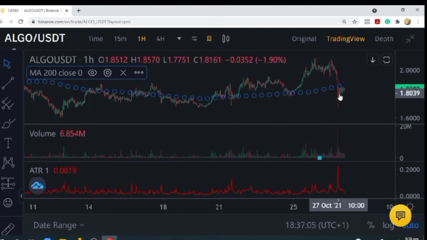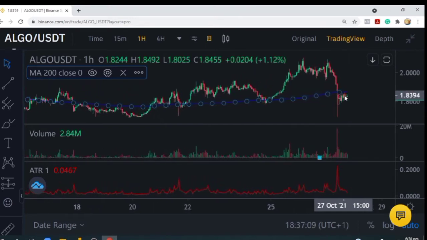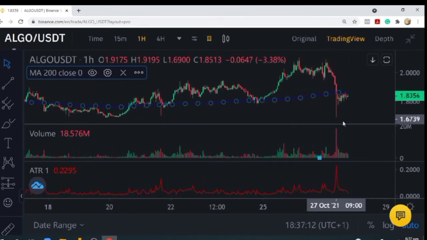And as I can see from here, in the last few hours, the price has been trading below the 200 moving average. So this can tell me what is likely to happen next.